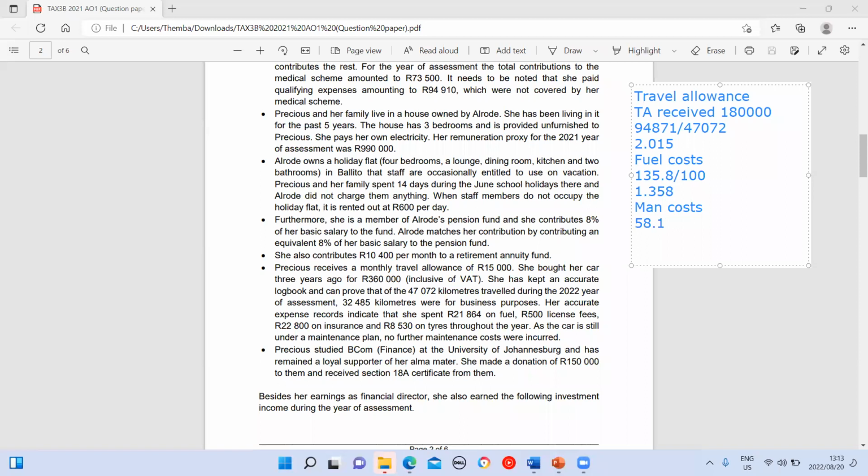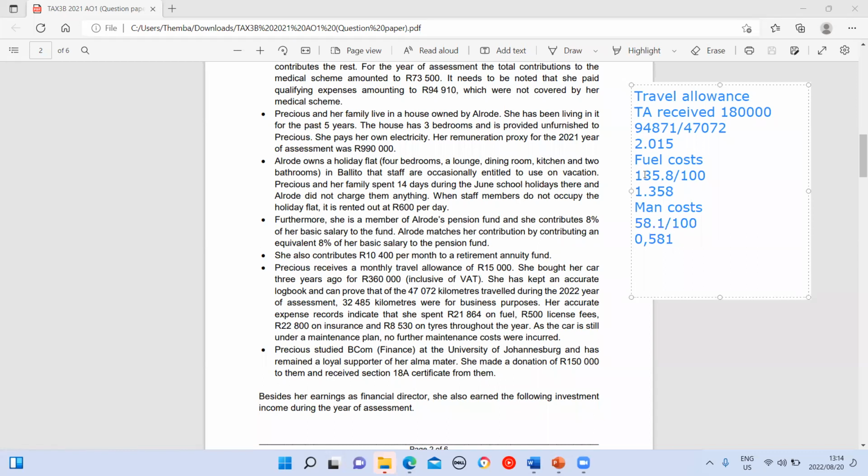It's in cents, and you still divide this by 100 to get the rand amount, which is 0.581.